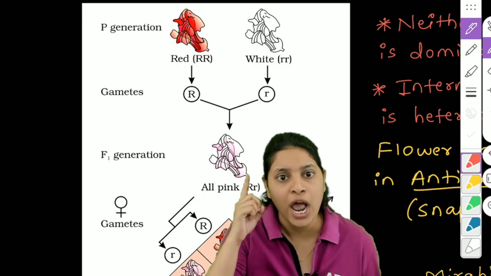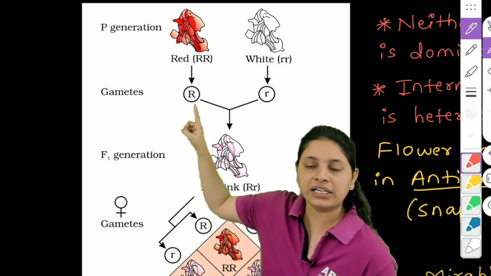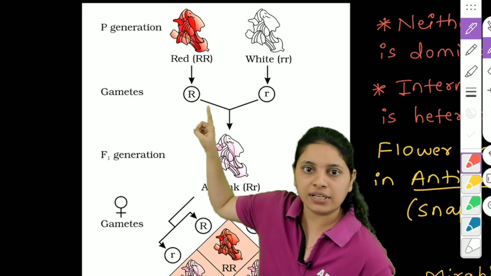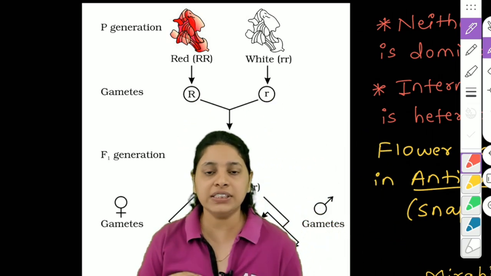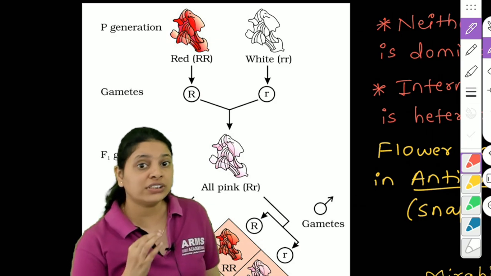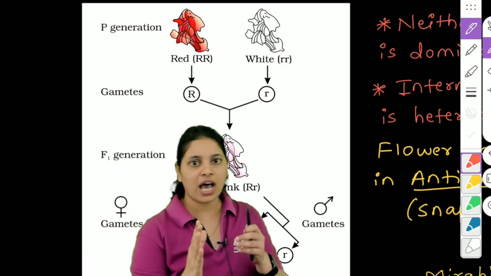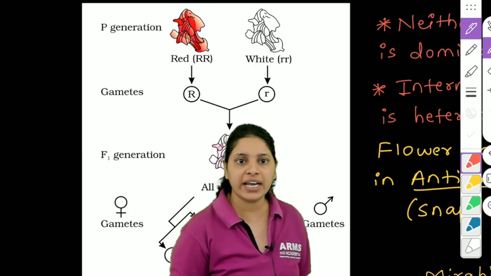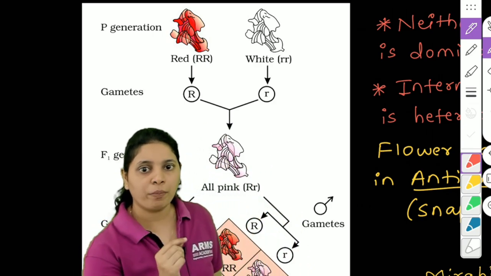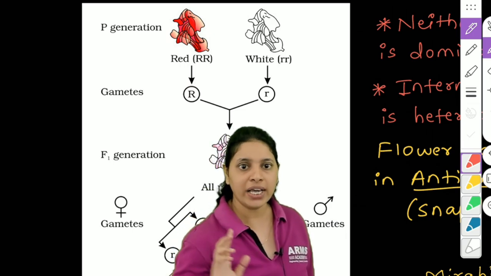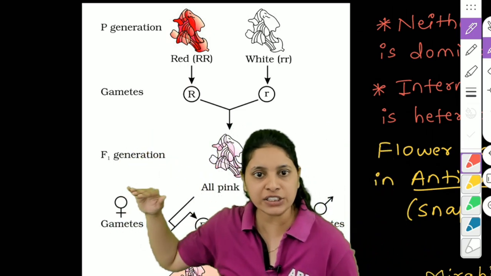We will have only one type of gamete, that is, all the gametes will contain a copy of capital R. Similarly, for the second plant with white color flowers, the genotype is homozygous small r. So here also when the small r alleles separate, we will get only one type of gamete, containing one copy of small r. Okay, now when both these gametes fuse, we will get the first filial generation.